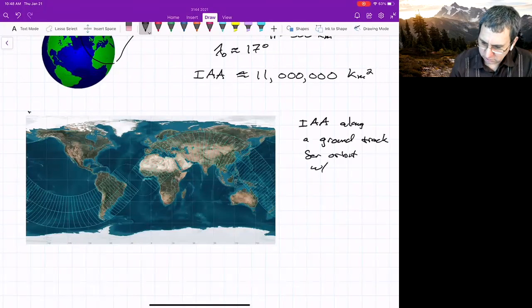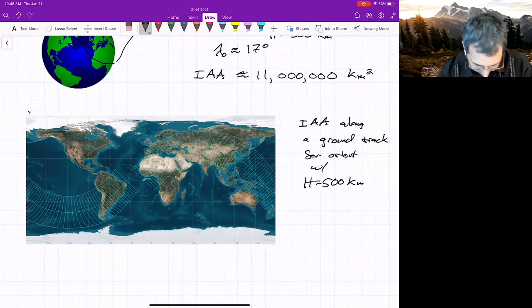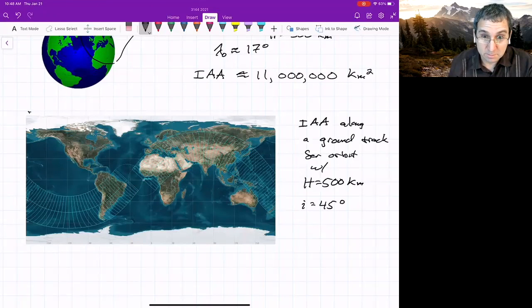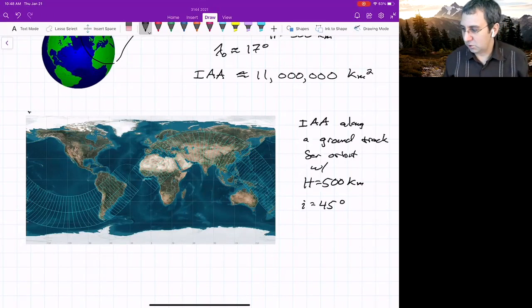It's an orbit with H of 500 kilometers, and the inclination, well, I guess you could tell me. It looks like 45 to me, so I'll say inclination of 45. And I think you're right about the earlier one. So that's an example of everything that could be seen, technically, within the range of sensors accessible. All right, we'll stop there. So that's it.